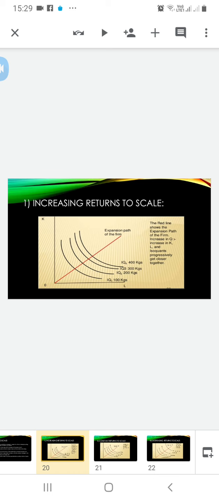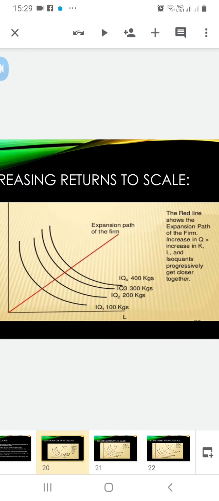This isoquant map shows a firm when it is enjoying increasing returns to scale: IQ1, IQ2, IQ3, IQ4. You can say 100 kg, 200 kg, 300 kg, 400 kg.